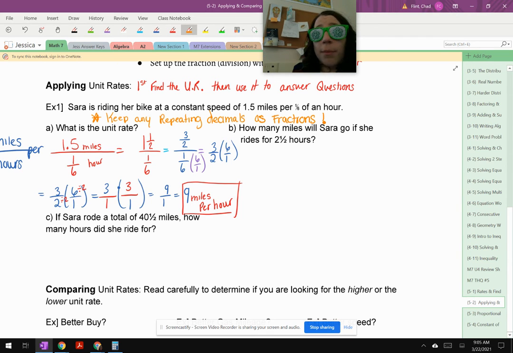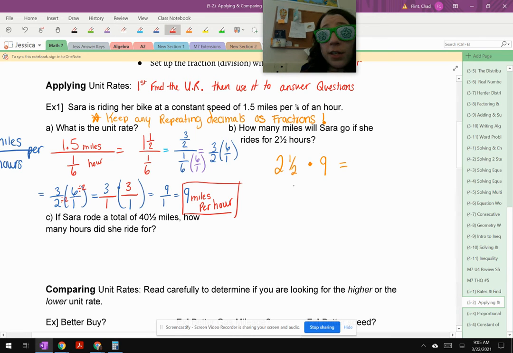So this one's asking, how many miles will Sarah go if she rides for 2.5 hours? Well, she goes 9 miles per hour, so I'm going to take 2.5 and I'm going to multiply it by that 9. This one is going to be easy to work with decimals because I know 2.5 is just the same as 2 and 1/2. So I'm just going to turn that into 2.5 times 9.